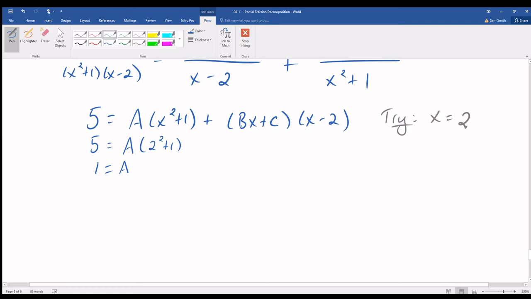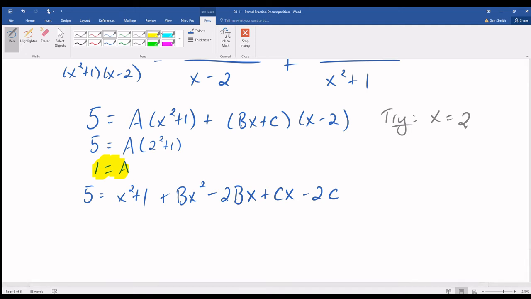Having found A, let's go and try to find B and C. We have 5 equals 1 times (x squared plus 1), then Bx squared, then negative 2 times B times x, then C times x, then negative 2 times C. Now let's have a look at what's going on with the x squared terms.